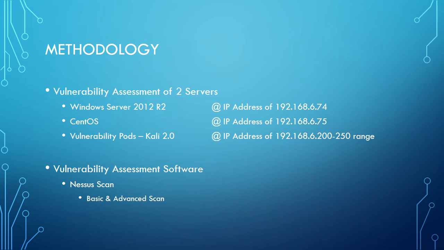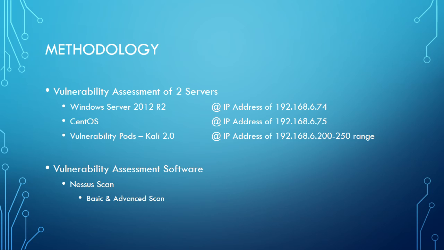This is important because having that .6 in the IP address range means that only a computer in that similar range could run these tests against them, and I'll explain that in a minute.